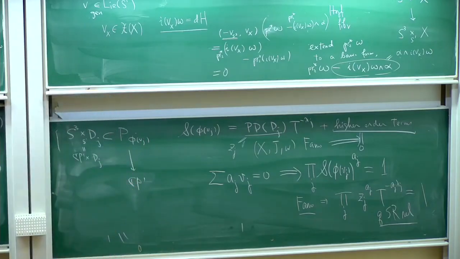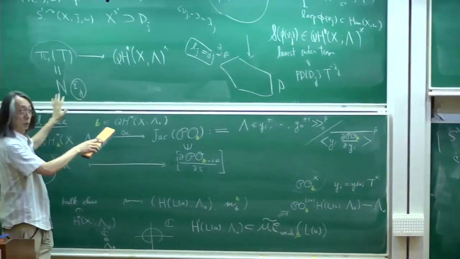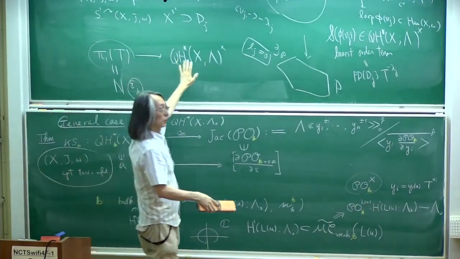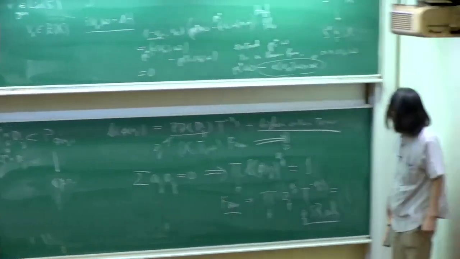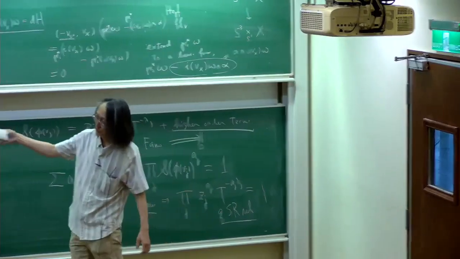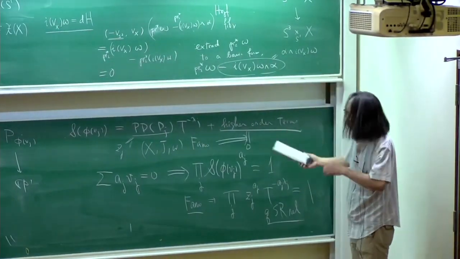Okay. I don't know, maybe if I speak a bit more precisely, then the story may be more complicated. So therefore, I just stop here for this. What I want to say is the following. There is a thing called the Seidel homomorphism, and this one is a mapping from pi 1 of the Hamiltonian diffeomorphism group to the group of invertibles of quantum cohomology.